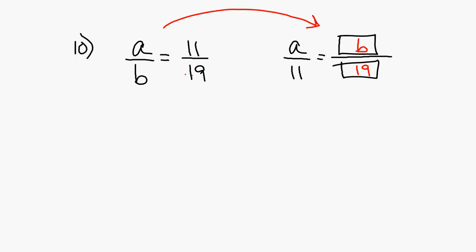Are the polygons similar? If they are, write a similarity statement and give their scale factor. It says they're not drawn to scale. If you look at the first shape, they only give you one angle, but they give you some clues.